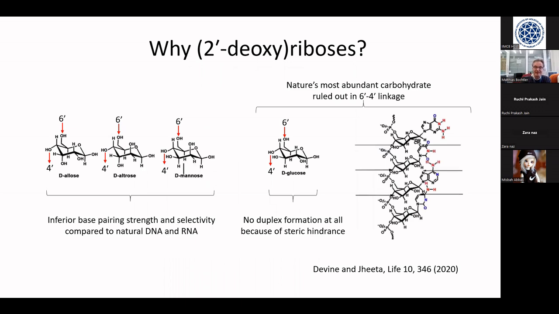And actually, the results are very, very interesting. It comes out that the strength of base pairing is dependent on the backbone, on the sugar that you choose for the backbone. For quite a few ribose or deoxyribose alternatives, what he saw is inferior base pairing strength and much worse selectivity compared to natural DNA and RNA.